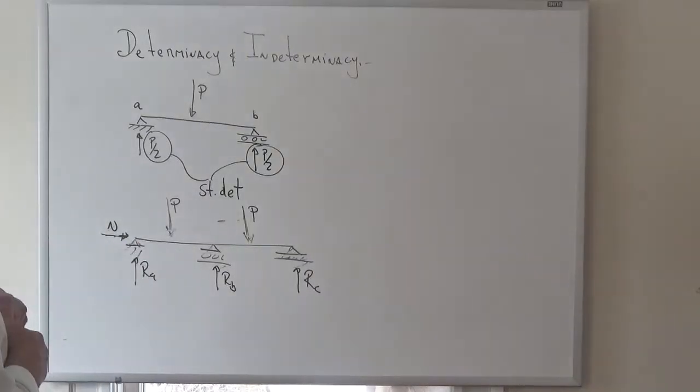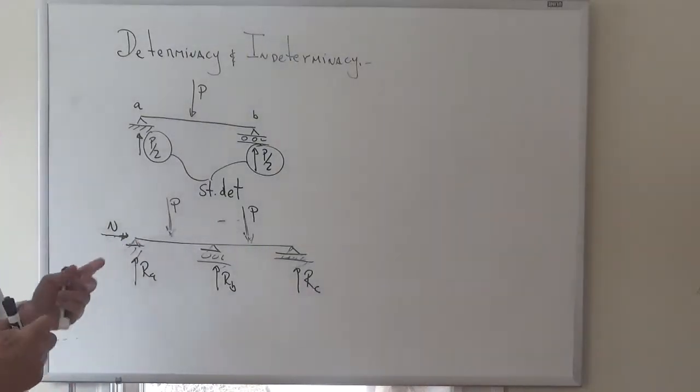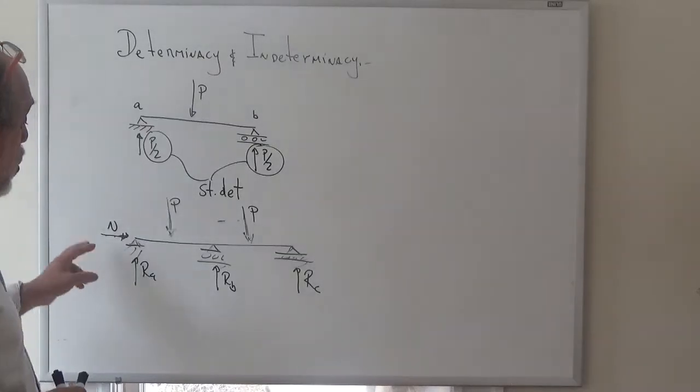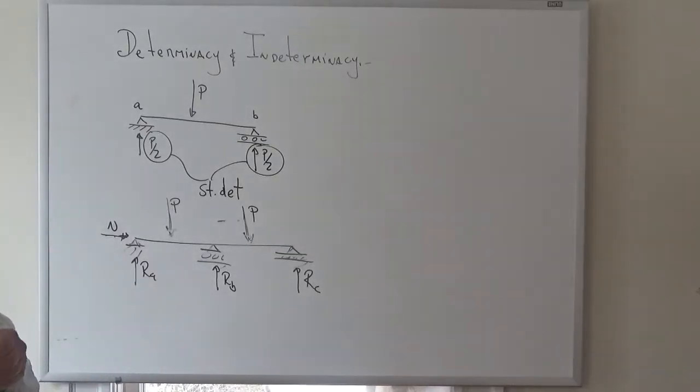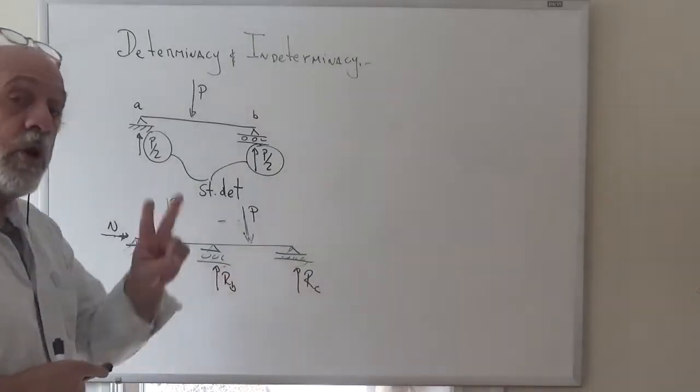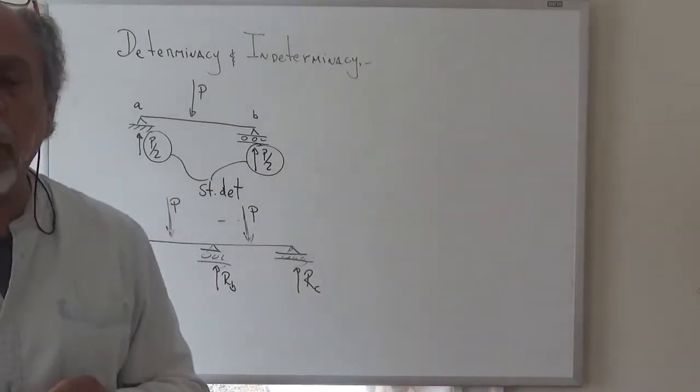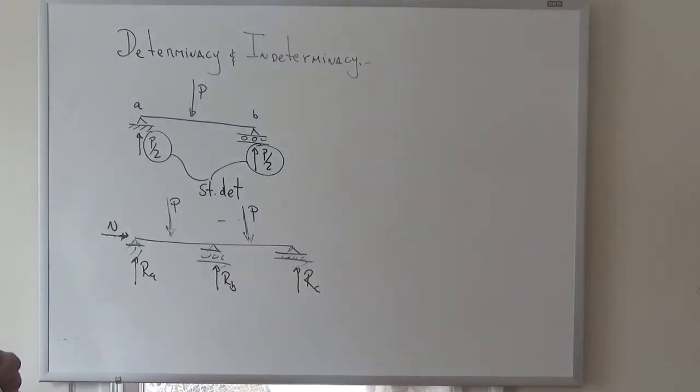Now, you might say, wait a minute, I know this one is 0, so I only have 3 unknowns. Yes, but you already used one equation, which is sum of the forces in X equal to 0. So now you have 3 unknowns, but you only have 2 equations left. The point is, you cannot calculate those 3 reactions using statics only.